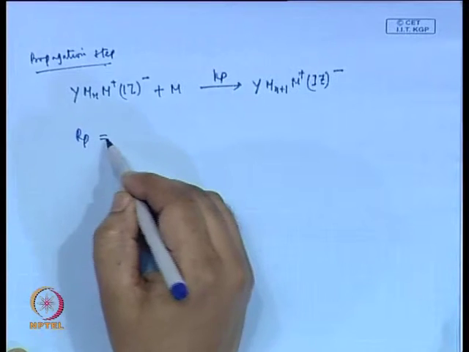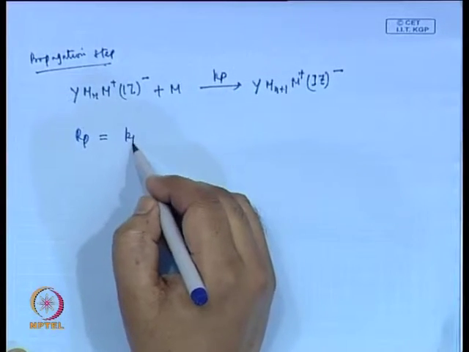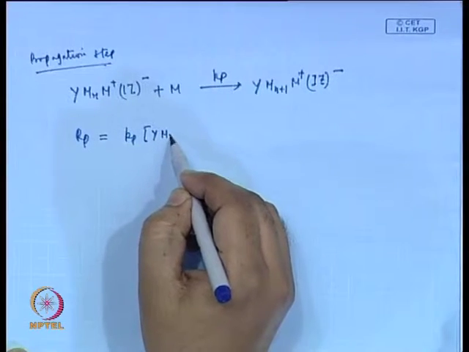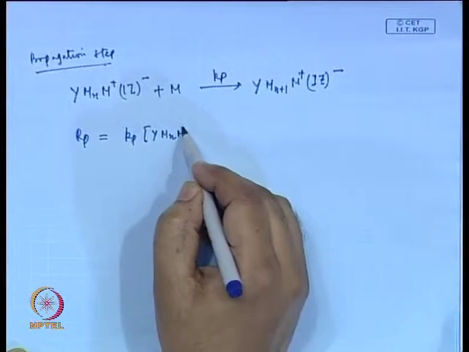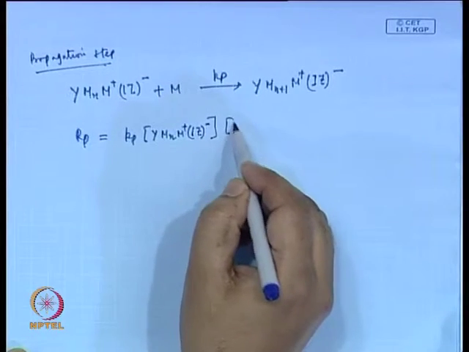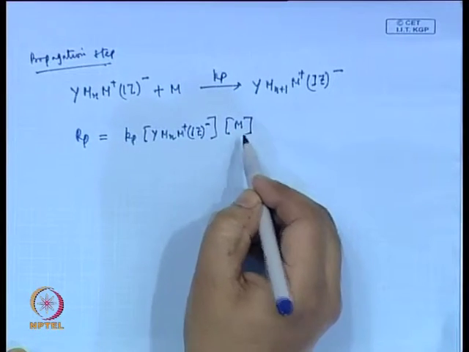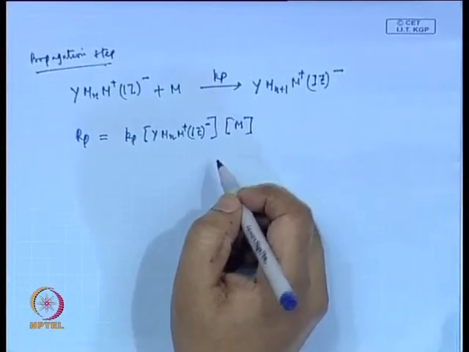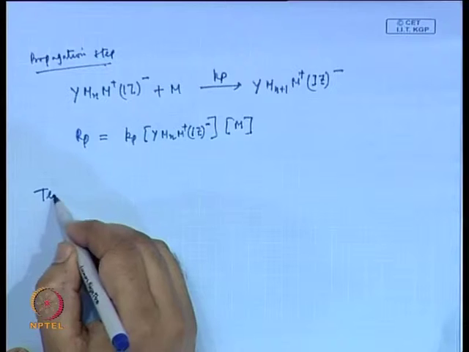So rate of polymerization Rp is given by Kp, concentration of, and the monomer. Termination reaction.